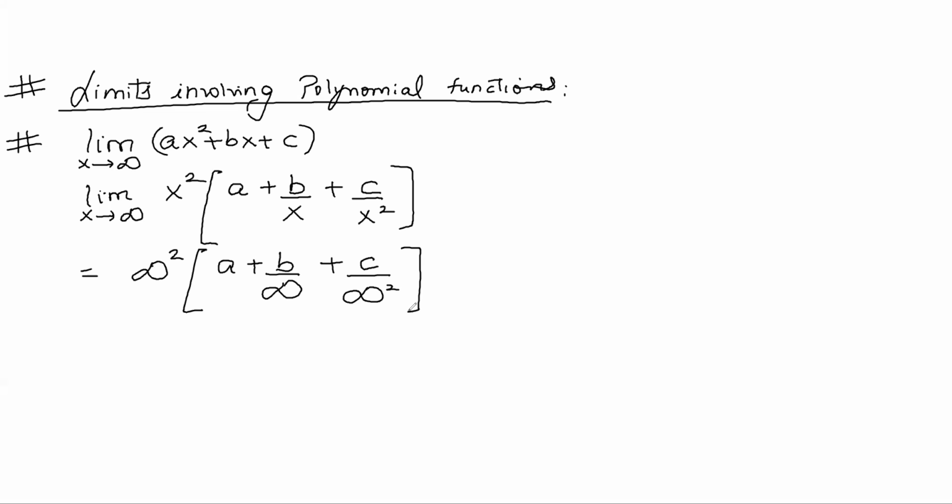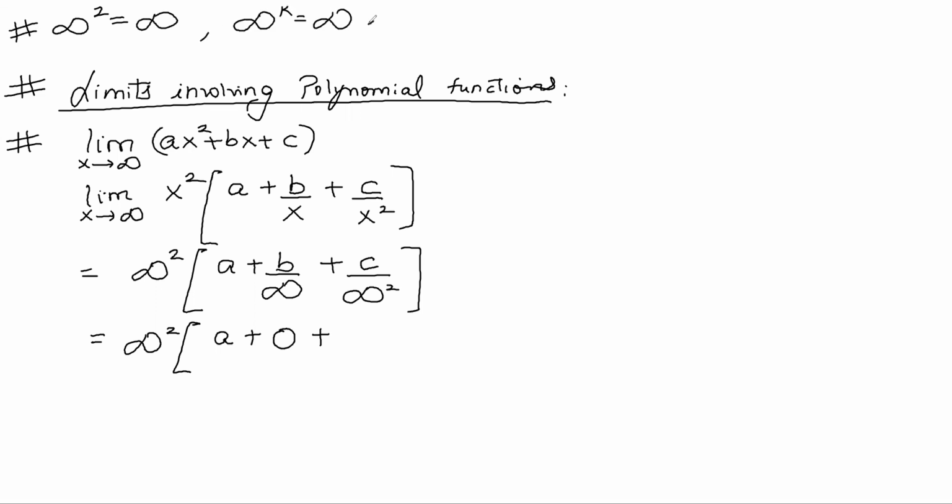So I can write infinity square into a plus 0 plus 0. Now, guys, infinity square is equal to infinity only. If you recall my rule, infinity to the power k is equal to infinity if k is positive. What is k here? 2. It's positive. So infinity square is equal to infinity.